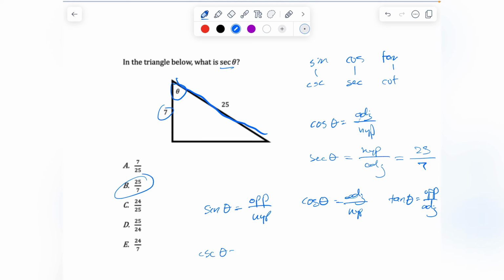Cosecant theta is equal to hypotenuse over opposite. Secant theta is equal to hypotenuse over adjacent. Cotangent theta is equal to adjacent over opposite. All right, good. It'd be good to memorize this. Just practice it on some triangles. So you can make some up or whatever.